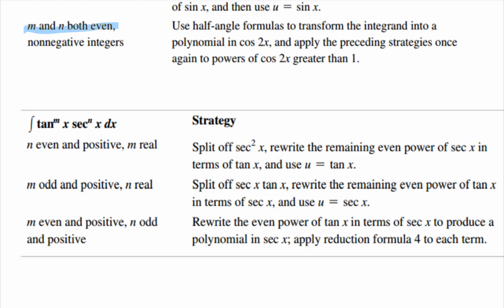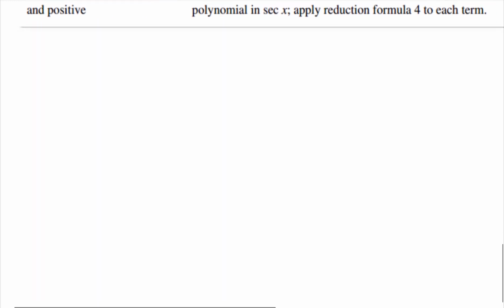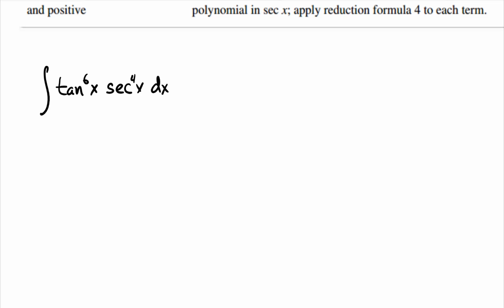So let's jump into it. In that third case, I really won't mess with you at all. So let's see a problem. Let's say we have tangent to the 6th of x, and secant to the 4th of x. Let's see what we can do.